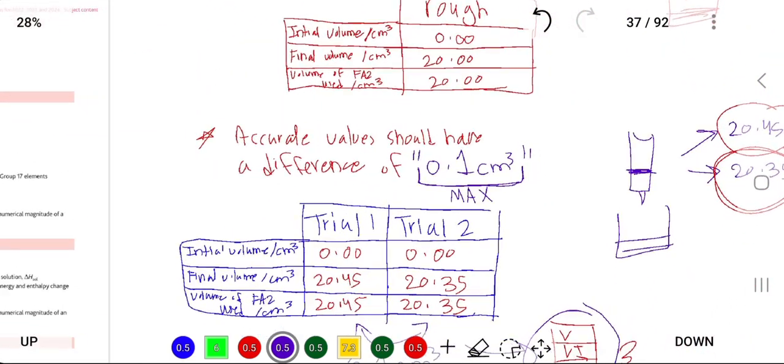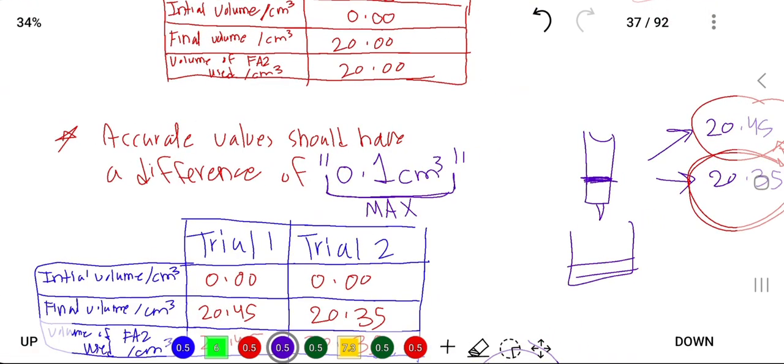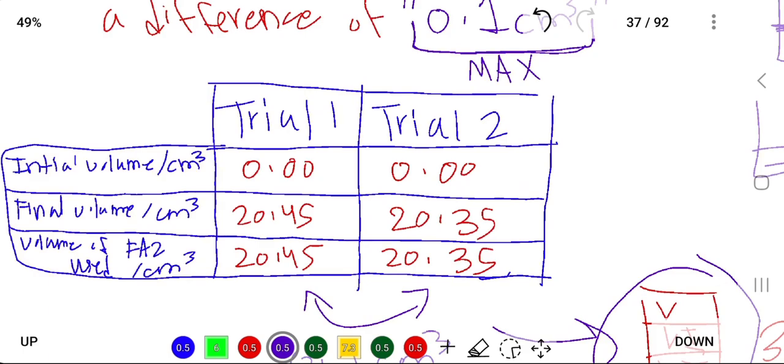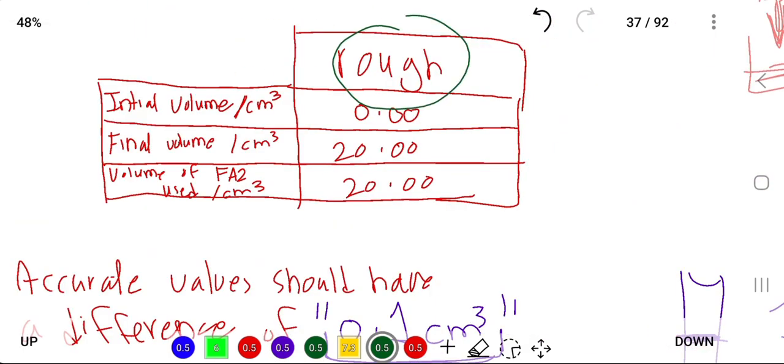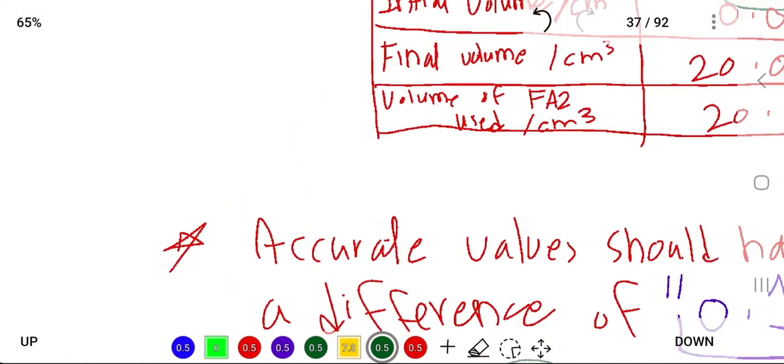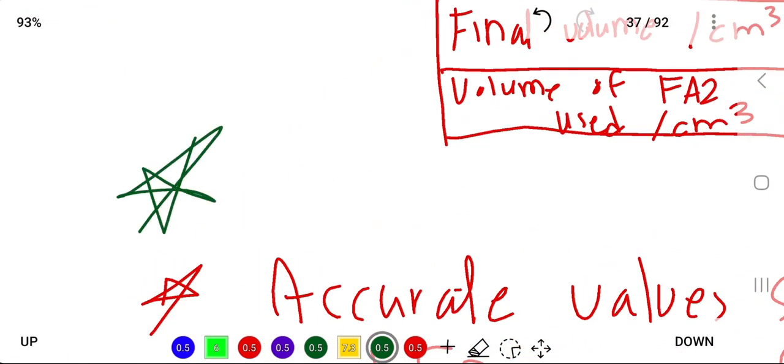Now, something that will really correlate between the rough and the accurate results: the rough and trial 1. Let's say we have another rule.